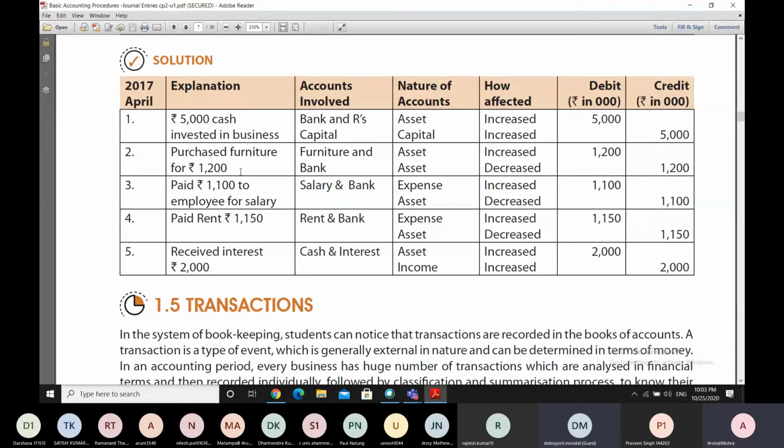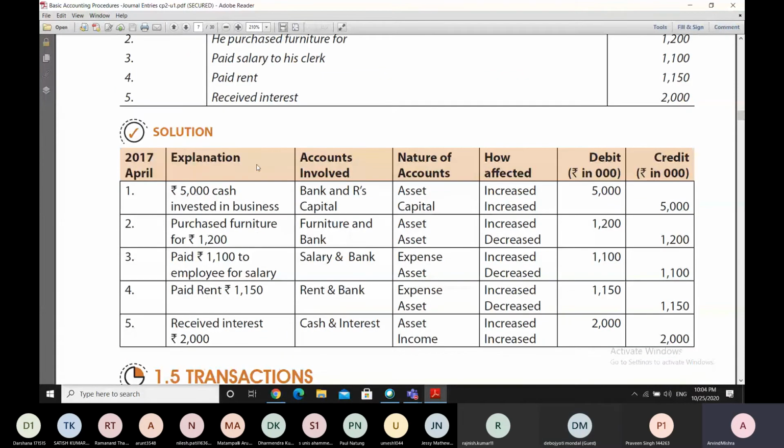Well, when they are writing purchase furniture for 1,200 rupees, it is always possible that furniture could be purchased by cash also. But because in the third column they are writing bank, it implies that a check was paid to purchase the furniture.